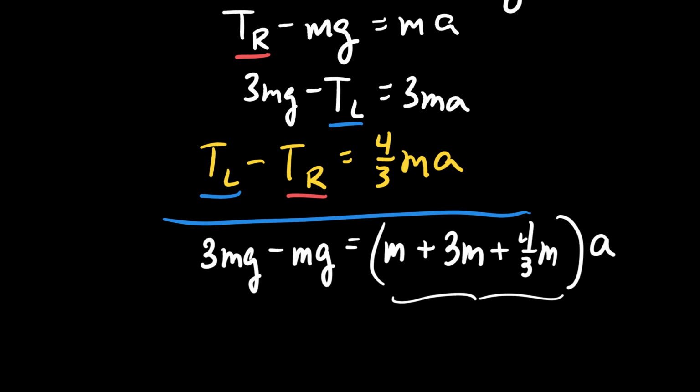And its inertia should be here. This 4/3 comes directly from the moment of inertia of the pulley that we found ourselves. This 3 is the mass of the box, and this is the mass of the other box. It's going to add all those together. And I did common denominators, and this got me 16/3 MA, and this side was just 2 mg.